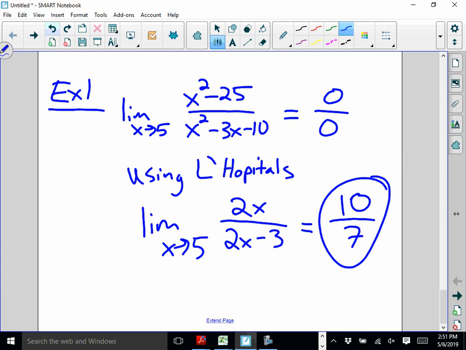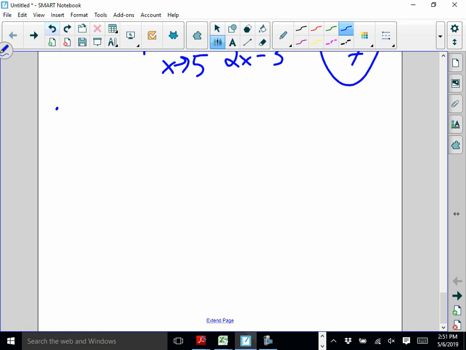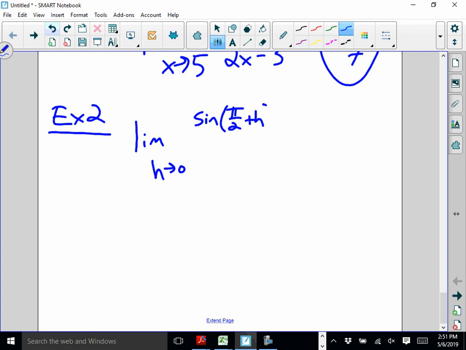Example 2. This time our variable is h. So I'm treating h just like I would treat x if it was the limit as x goes to 0.